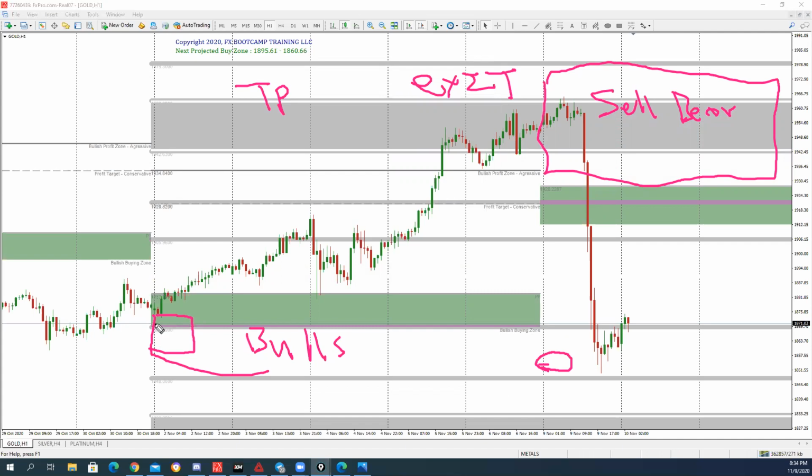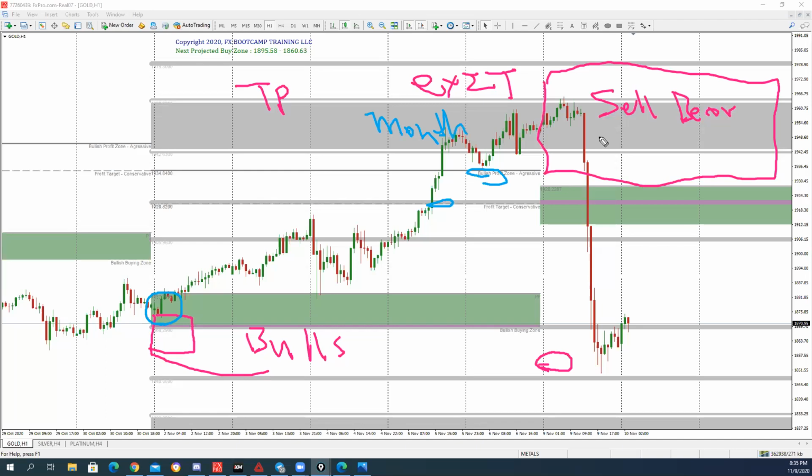It just slightly adjusts, but there is where bulls would enter, and this is the weekly trade profit. This would be the conservative target, this would be the aggressive target. But on a monthly basis, this is the monthly target. So this can also be people taking profit and bears selling.